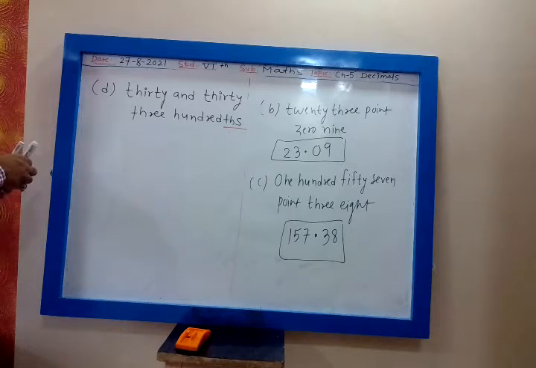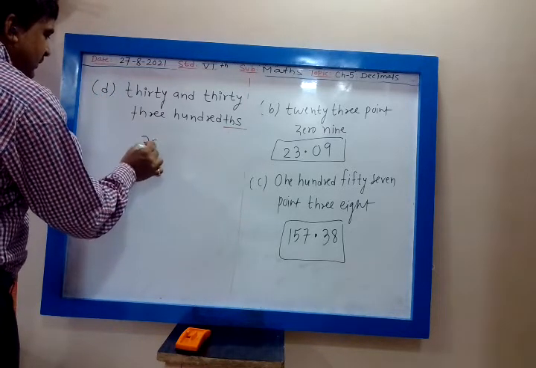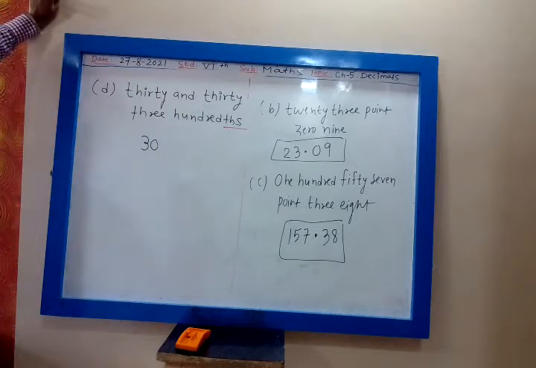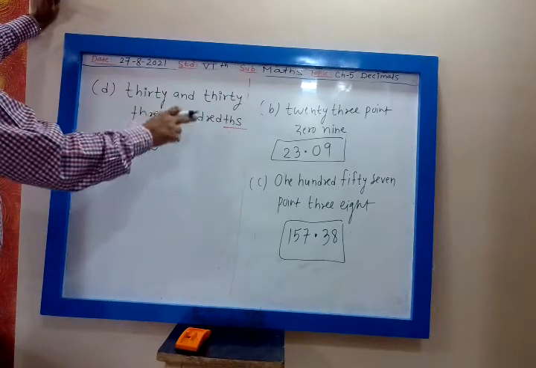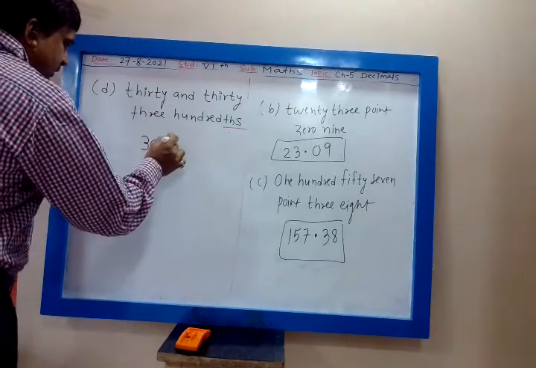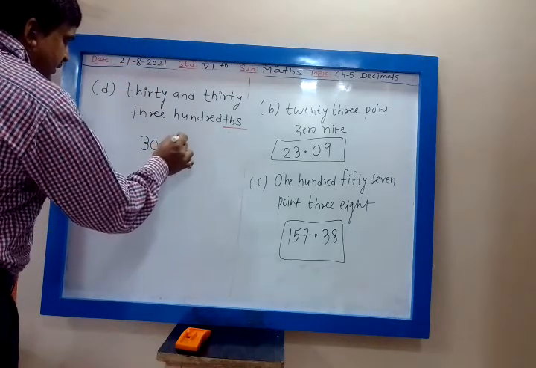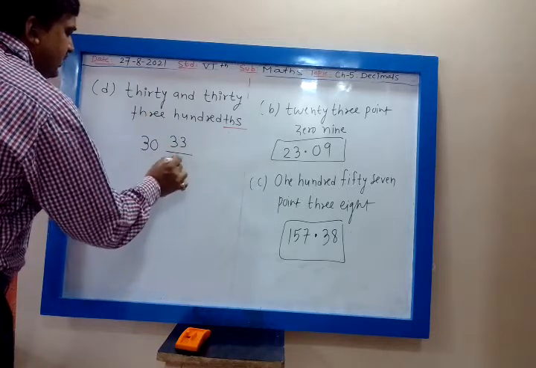Yes. So what is this? Tell me. 30 means 30, and 33 hundredths. 33 hundredths means 33 divided by 100.